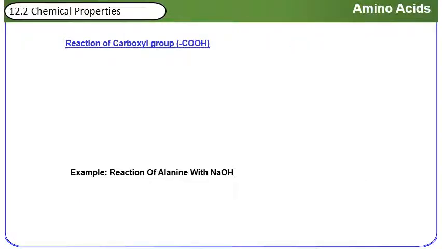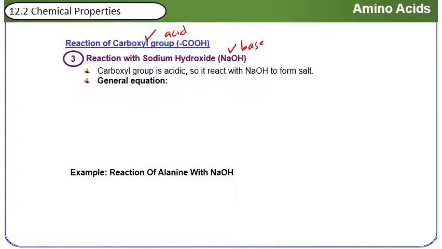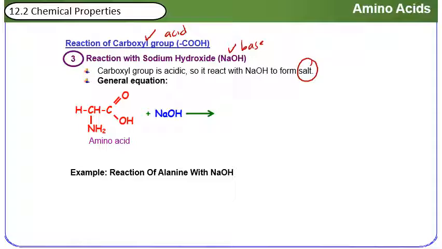Okay, now let's look at the part on the carboxyl group. The carboxyl group is able to react with sodium hydroxide, where the sodium hydroxide acts as the base and the carboxyl group acts as the acid. Since it is an acid-base reaction, we are going to produce a salt as well.